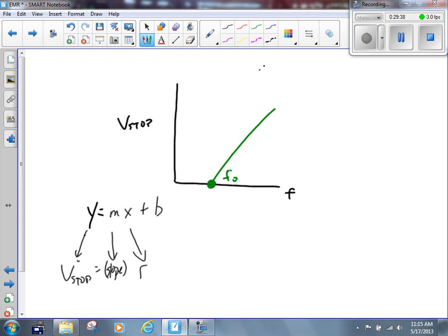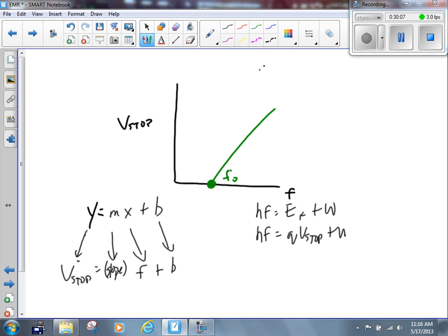Can we get rid of the b? We can't, because there is a y-intercept. Even though it's below the x-axis, there is still a y-intercept here. My equation from our data sheet, well, we don't really have one that has V stop and F in it, but we do have HF is equal to EK plus the work function, and EK is QV stop. So that works. Now we've got F and V stop in the same equation.